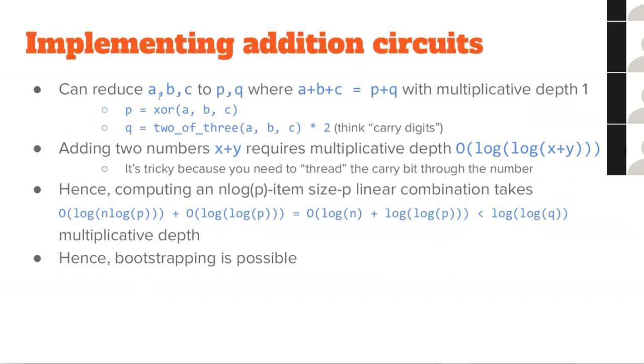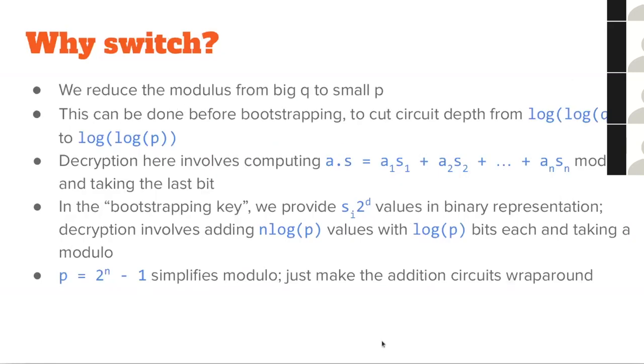The addition circuit is just going to be: you have these n log p numbers, and you just have to add them together. For the modulo, instead of carrying onto even higher bits, every time you carry past the size of p, you just wrap around. That gives you modulo 2^n minus 1 for free. For example, if your modulus is 1023, then your bits are 128, 256, 512, then 1024 is equal to 1, so you wrap that around to 1, so moduloing is really easy.